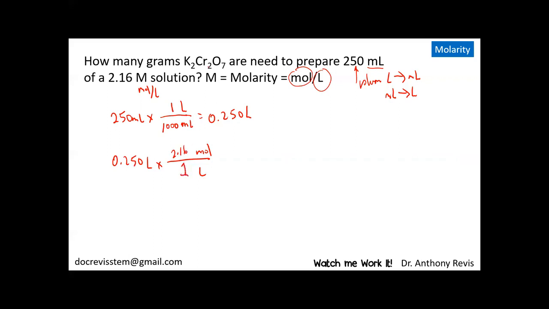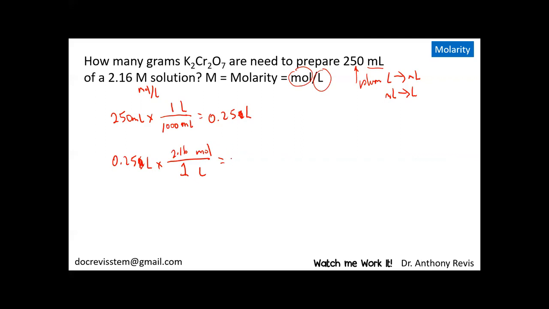Since it's only potassium dichromate, I'm leaving off the names here because it's only one thing I'm working with. When I punch that through the calculator, I have to go back and remember that this really should be only 2 sig figs. Let's take that 0 off of there. So this is only 2 sig figs. So don't forget sig figs.